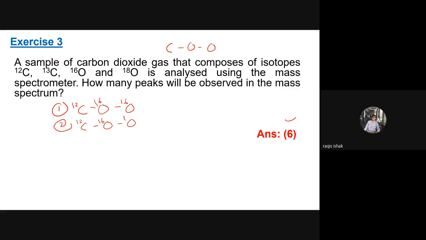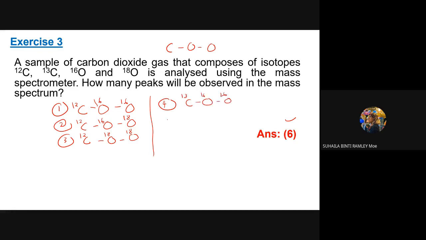Second: carbon 12, oxygen 16, oxygen 18. Third: carbon 12, oxygen 18, oxygen 18. This is for carbon 12. Then you do the same thing for carbon 13: carbon 13, oxygen 16, oxygen 16; carbon 13, oxygen 16, oxygen 18; carbon 13, oxygen 18, oxygen 18.